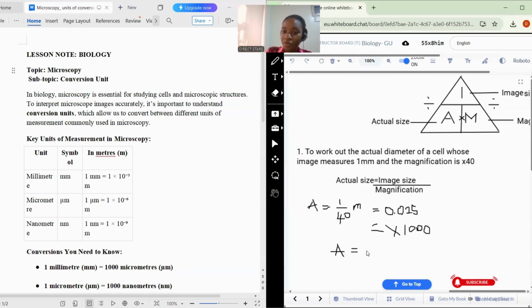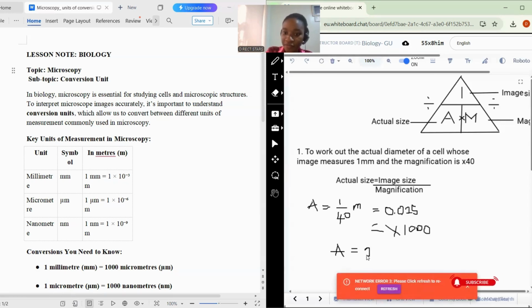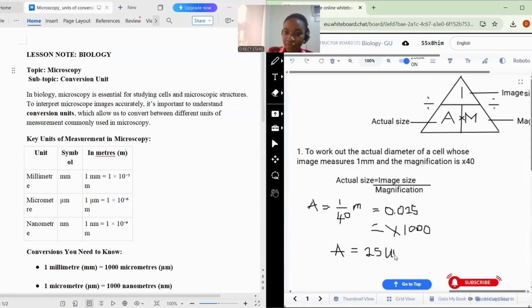Beautiful. So here we're going to be having A is equal to 25, in what symbol? In micrometer. Beautiful. That's the mu m.